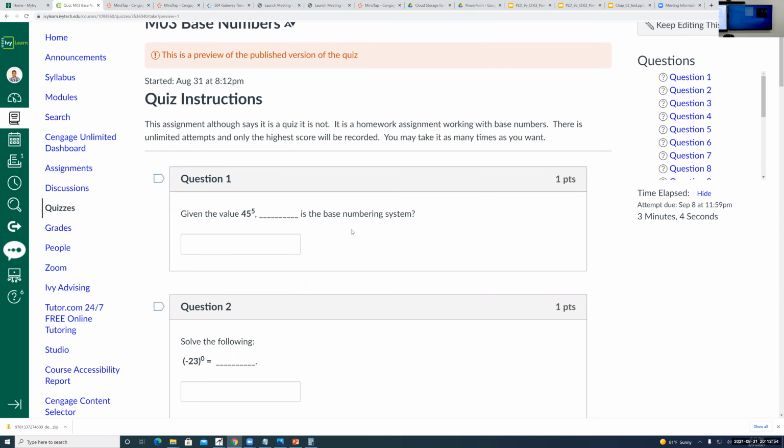Remember, you have the two components. You have the base and the exponent here. So what is the base for this one? 45 or 5? 45. Yeah, 45 is the base for this one.